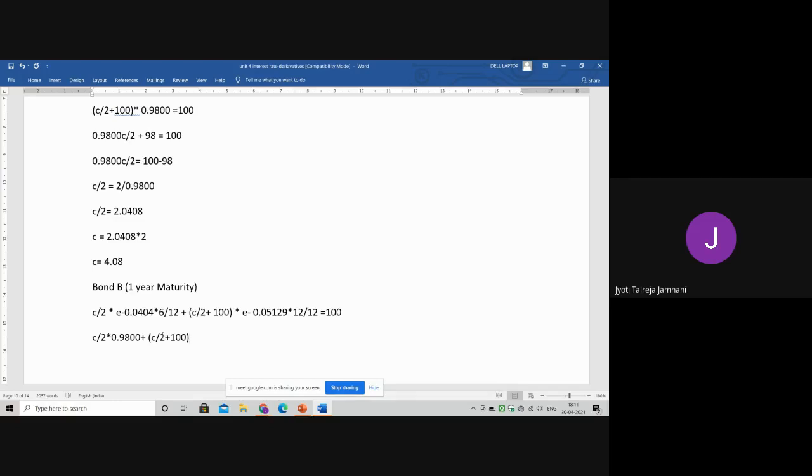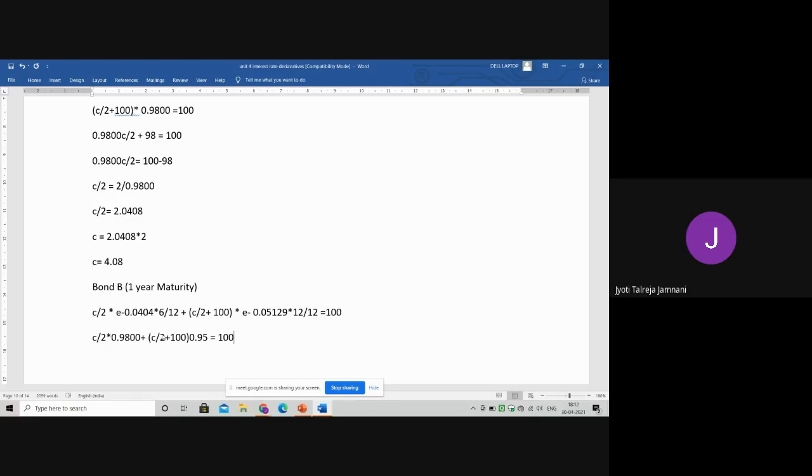So just solve this and see how much you get. e raised to minus 0.05129 into 12 by 12. 0.95 something you're getting. Exactly 0.95. Equal to 100.